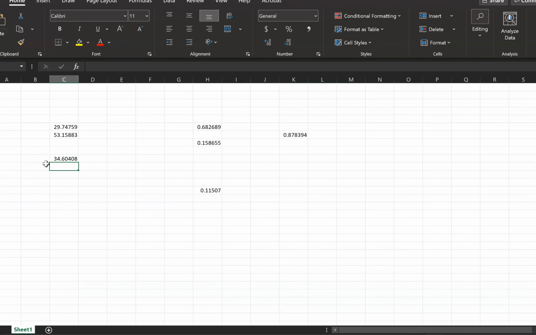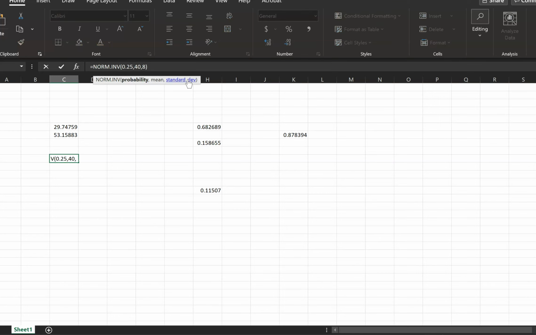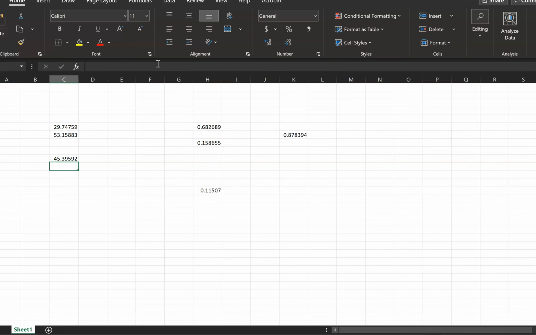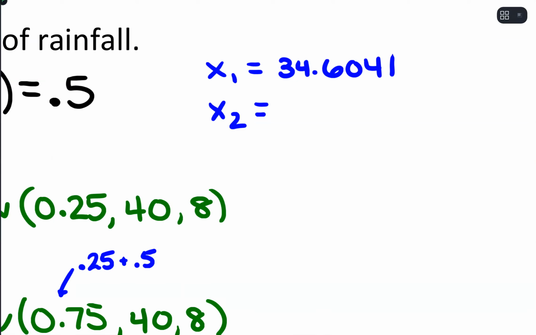If you're working in Excel, like we started the structure in that last one, you can just edit in the equation bar. So norm.inv, and then instead of 0.25, I'm just going to change that to 0.75. Mean of 40, standard deviation of 8, and that's 45.3959. All right, 45.3959.